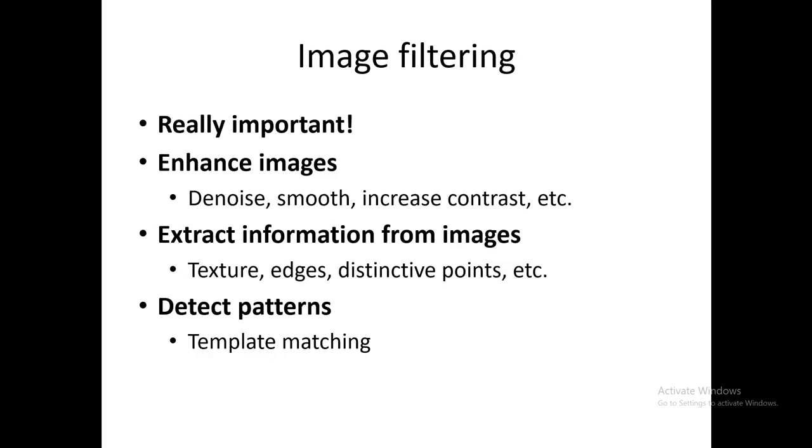Image filtering is really important in computer vision, image processing and some other applications. It is usually used to enhance images, where denoising and smoothing operations are performed, and we also increase the contrast to enhance the images.